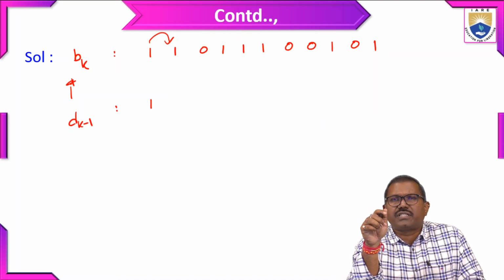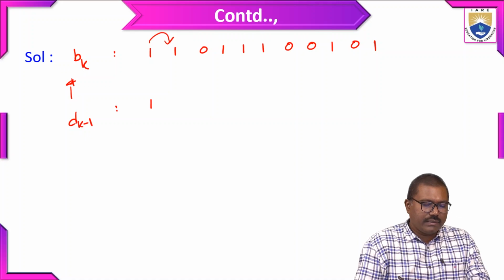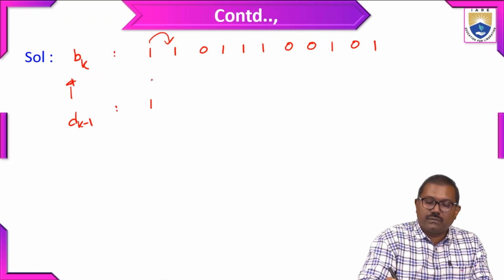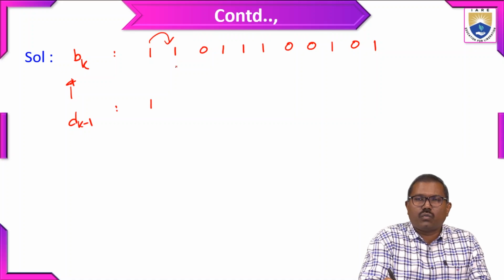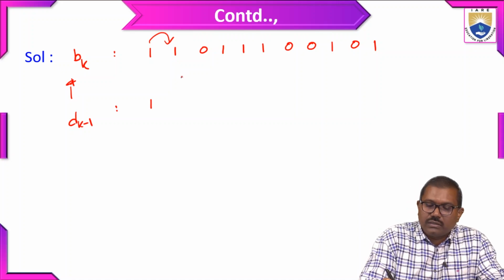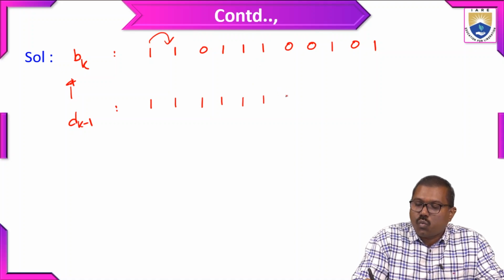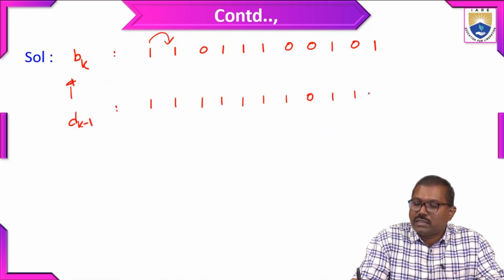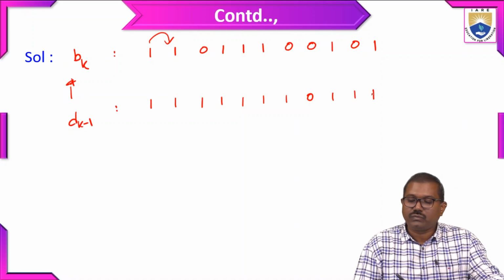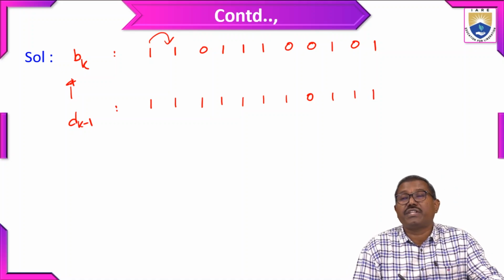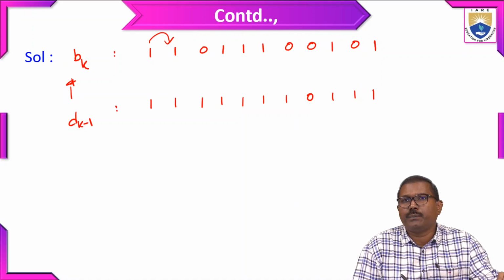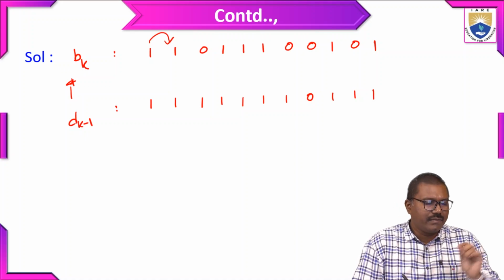So here 1 OR 1, and so on, giving the sequence. This is my OR operation: in between the b(k) bits, I generate d(k-1).